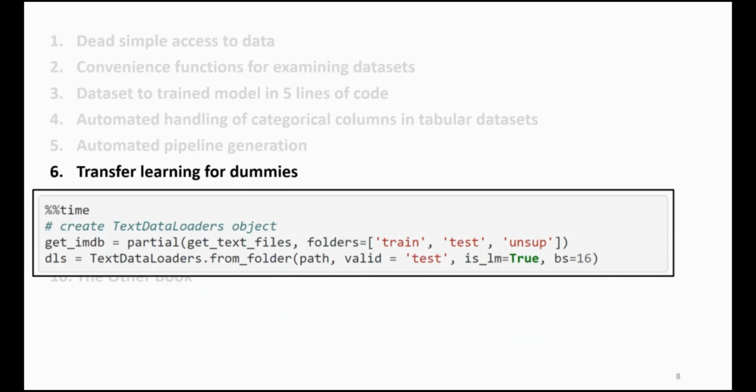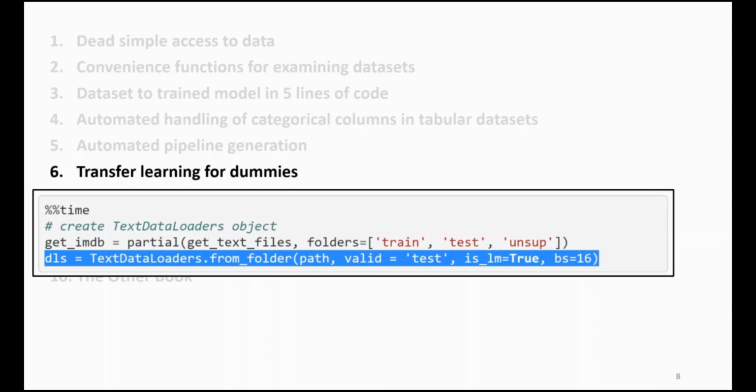fastai makes it easy to take advantage of the power of transfer learning to fine-tune models that have been trained on a large dataset, so that they are applicable to specific use cases. The fastai team was pioneers at applying transfer learning to NLP. Here's an example of how you could fine-tune a large language model so that it can make good predictions for a particular use case. You create a data loaders object with a use case specific data set.